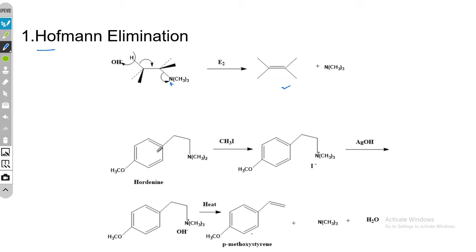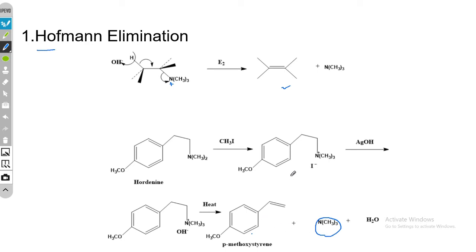If our alkaloid is in primary form, it is converted into secondary and tertiary by adding methyl iodide. Then it is converted into quaternary ammonium salt, then into quaternary ammonium hydroxide. Then on heating, we get the corresponding alkene with the elimination of trimethylamine.